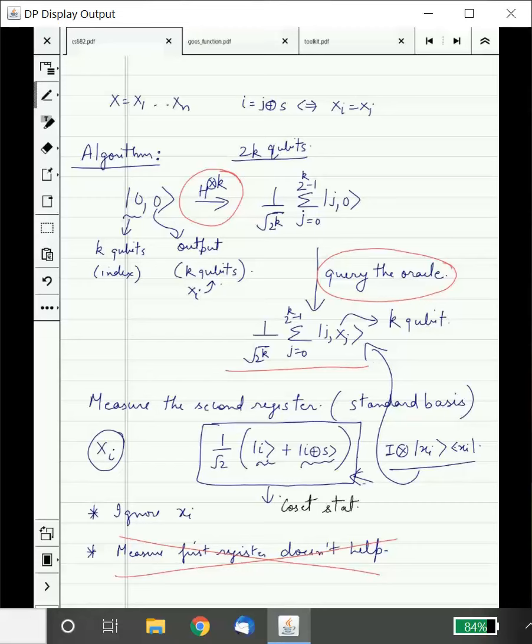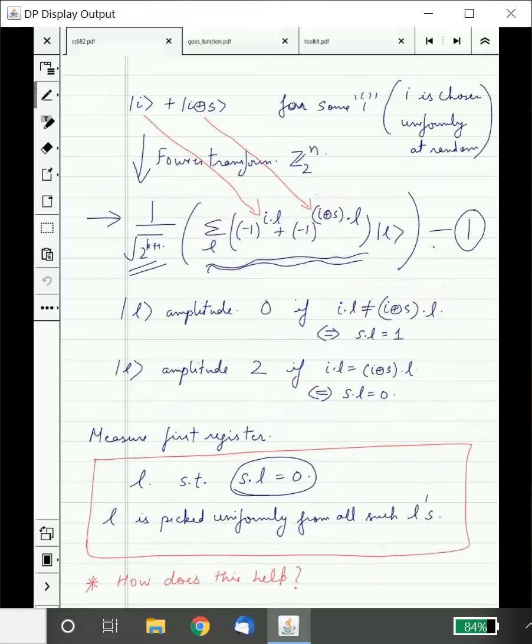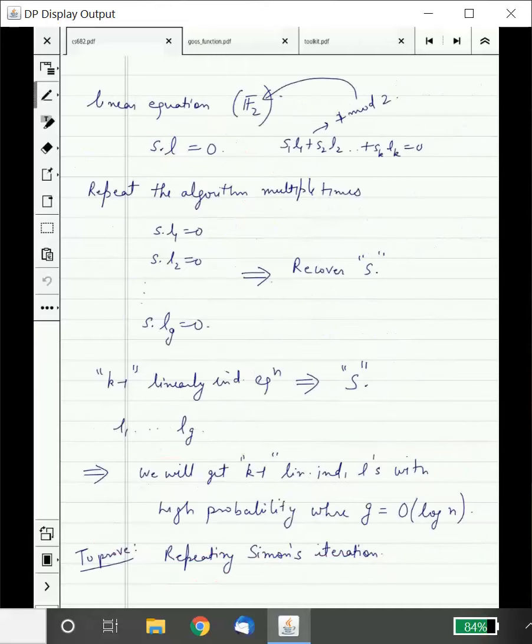I will tell you next time why it is called coset state. But each time we repeat some iteration, we get coset states. If we repeat it order of log n times, with high probability, we get k minus 1 linearly independent L's. This is left to prove.